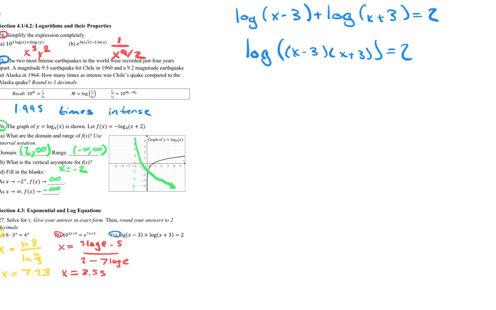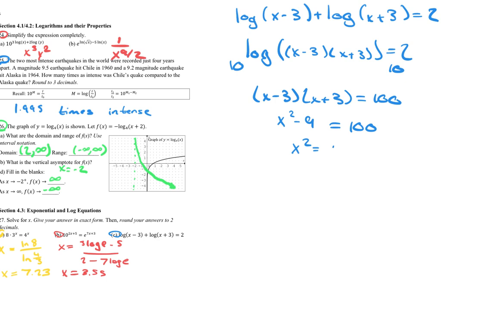So from here, what we can do is take everything to the 10th power, and we get that x minus 3 times x plus 3 is going to equal 10 to the 2nd power, which is just 100. And then this is a difference of squares. This is going to be x squared minus 9 equaling 100.